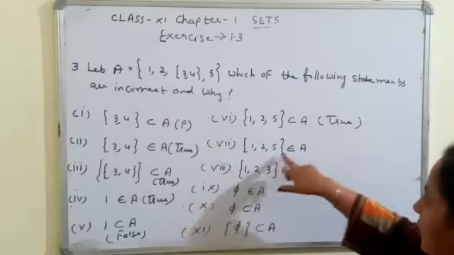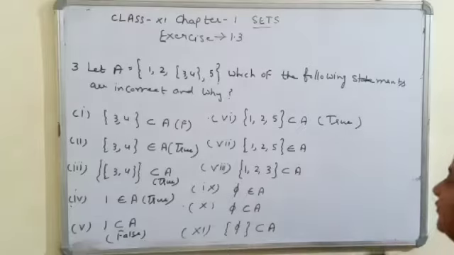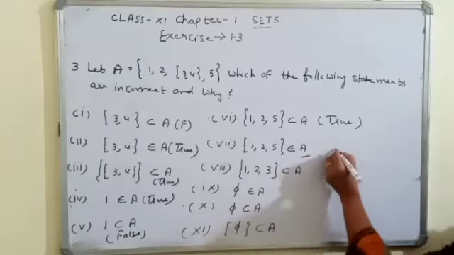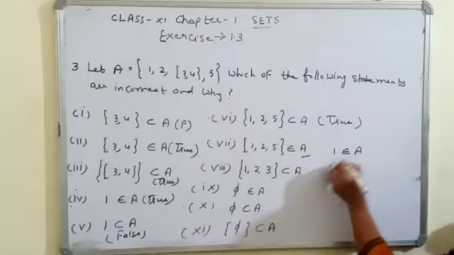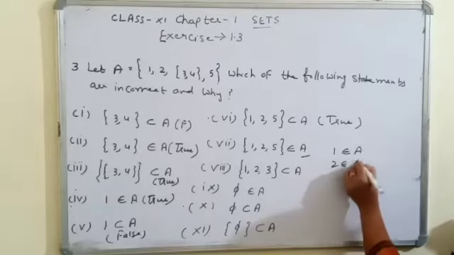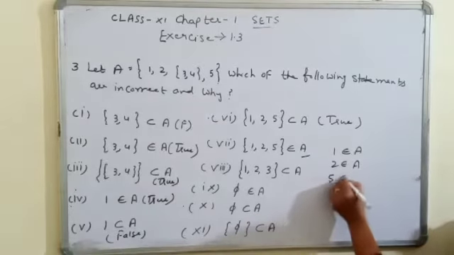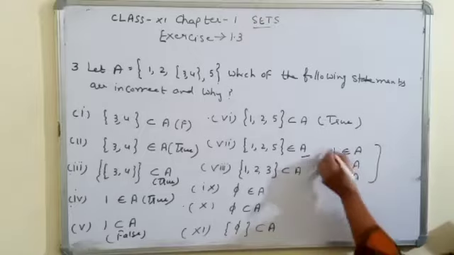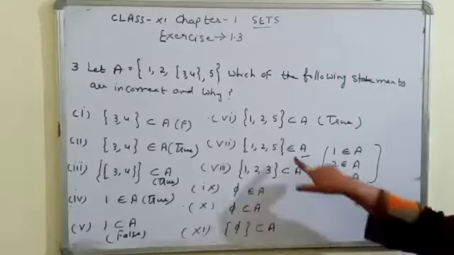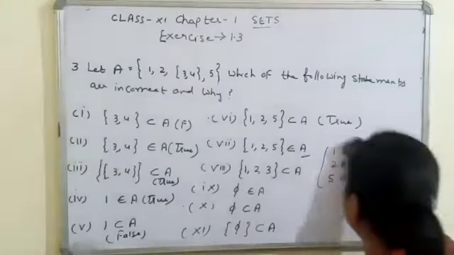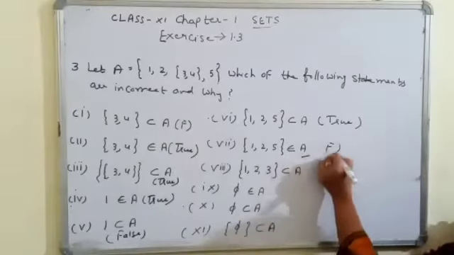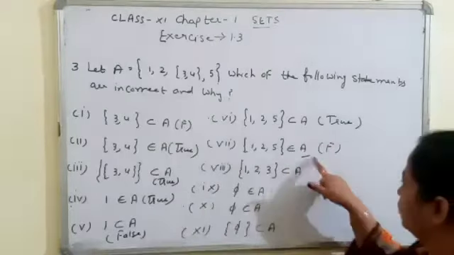No, these do not belong to set A. If these belonged to set A, then we would write it differently: 1 belongs to A, 2 belongs to A, and 5 belongs to A. When they are in this form, then we can say this statement is true. This is a false statement. Together they do not belong to A.